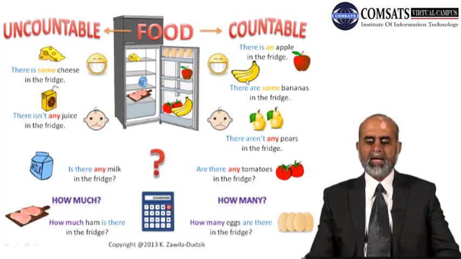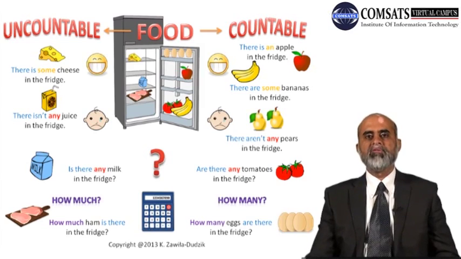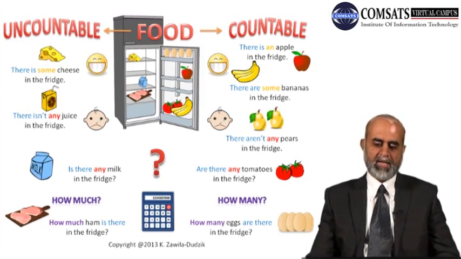We can say there are some bananas in the fridge. So some is for plural and an is for singular. But an is only for singular countable nouns. We can't say there is a cheese or there is a milk because an cannot come before uncountable nouns in English.